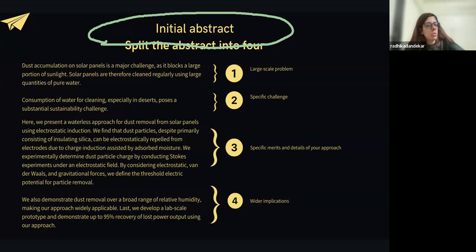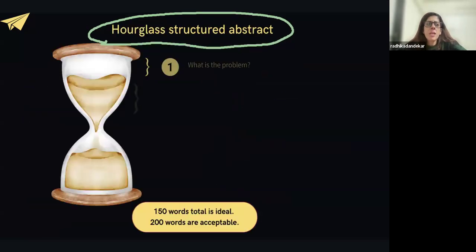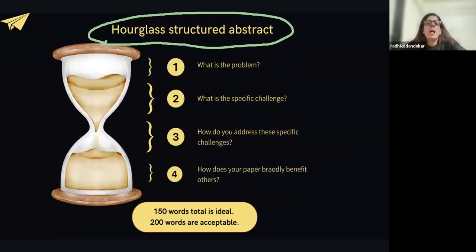So this again caters to a wider audience. And for ease of remembering, we call the abstract an hourglass approach. So basically you can see how the two ends of the hourglass are wider, and the two points in the middle are narrow.